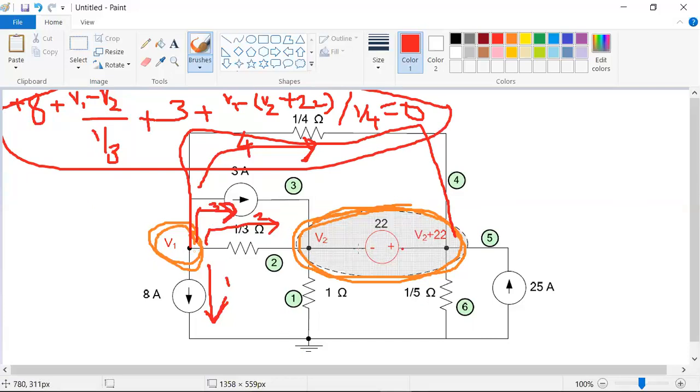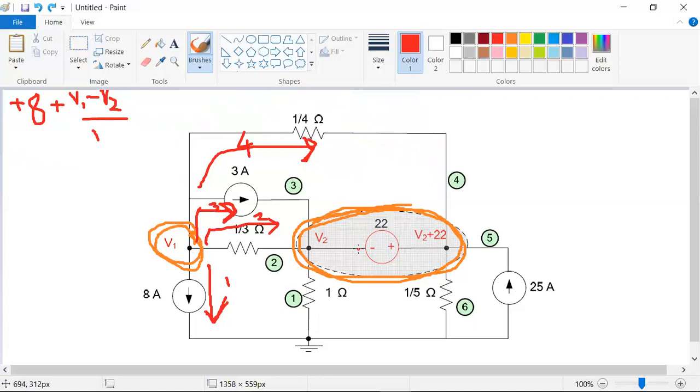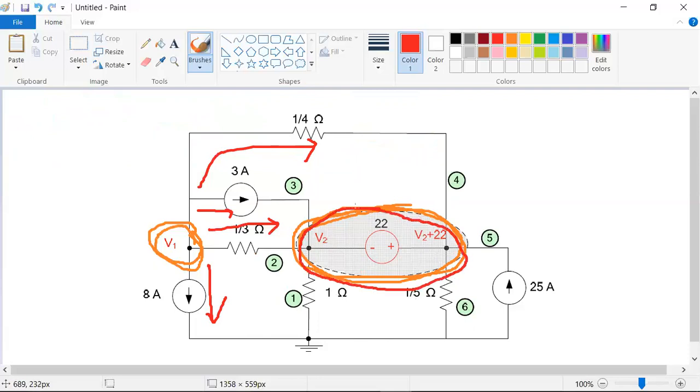Then V1 is done. What about V2? Let me write for V2 also. V2 also has this common part, so for this you need to write many currents. Let me draw those currents.